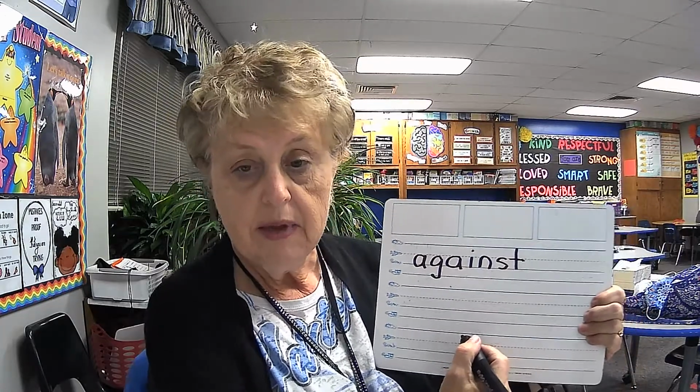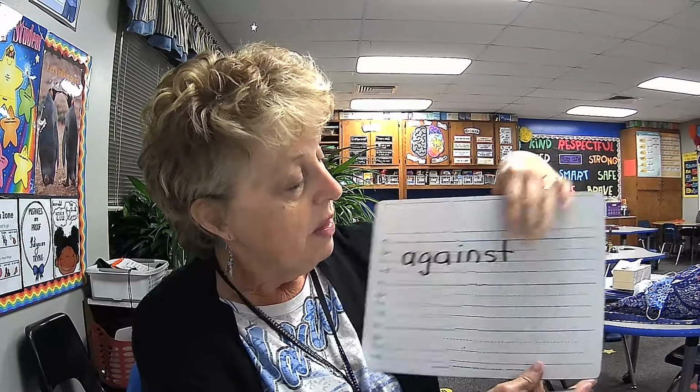Against. Now you may have noticed if you cover up the ST that you have the word again. That's true, but it's really not a root word for this one because it has a completely different meaning.